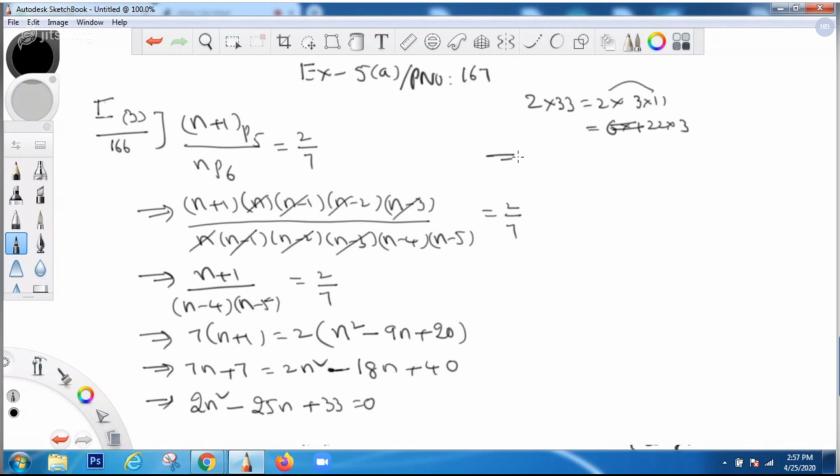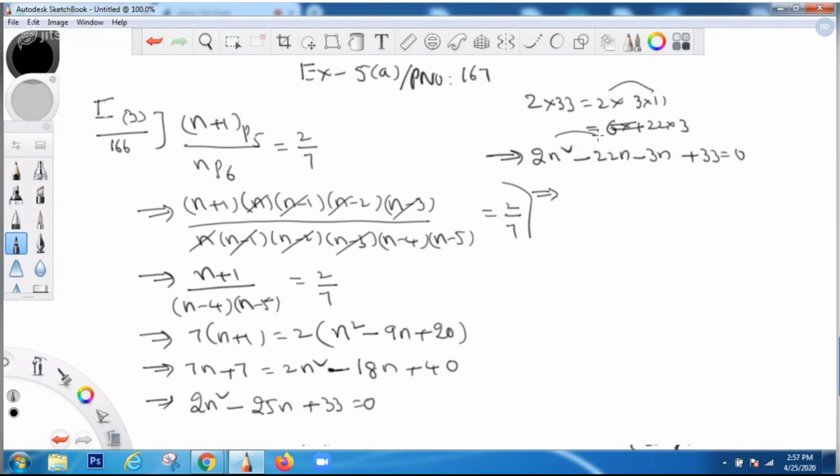Therefore, we can write this as 2n square minus 25n, written as minus 22n minus 3n, plus 33 is equal to 0. Following? Yes, sir.